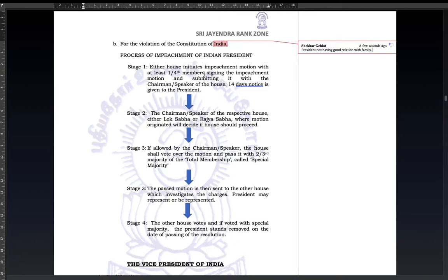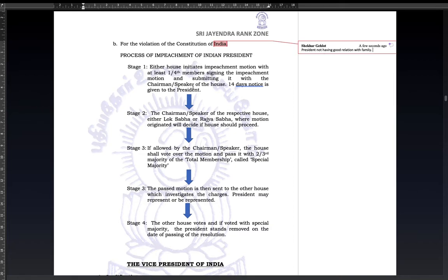Like in Rajya Sabha, we have 250 members, so roughly 75 members will sign it, and in Lok Sabha we have 553 members, so at least 150 members are required to sign an impeachment motion. Then only the impeachment motion will be put in process, and then they will submit it to the chairman or the president of the house.